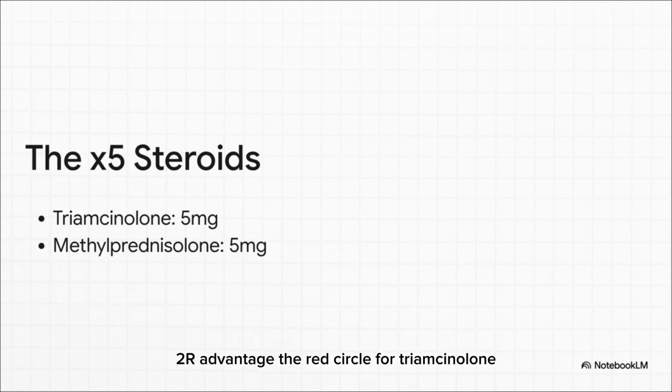The red circle for triamcinolone and the purple circle for methylprednisolone both sit squarely at that ×5 multiplier. That means they both require a 5 milligram dose to equal the exact same clinical effect as our 1 milligram dexamethasone base. By grouping triamcinolone and methylprednisolone together in your memory under the umbrella of the 5s, you literally cut your cognitive load in half. So when you think of one, automatically think of the other.